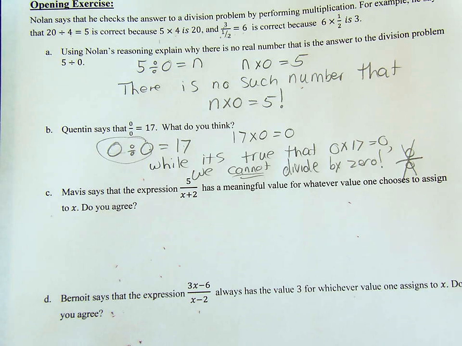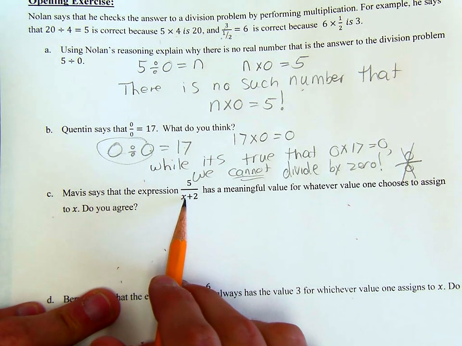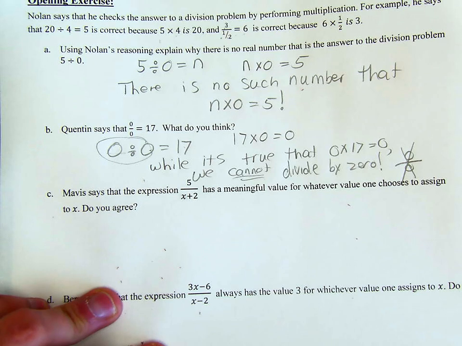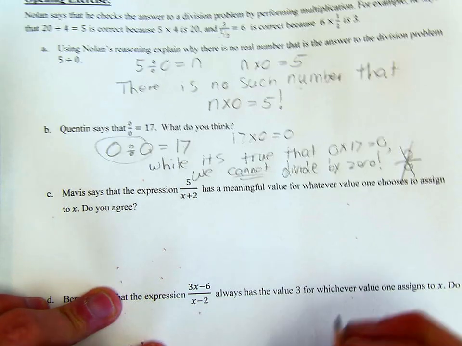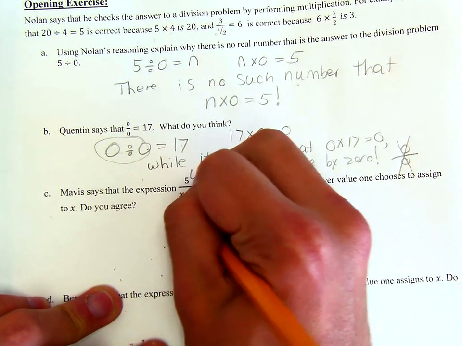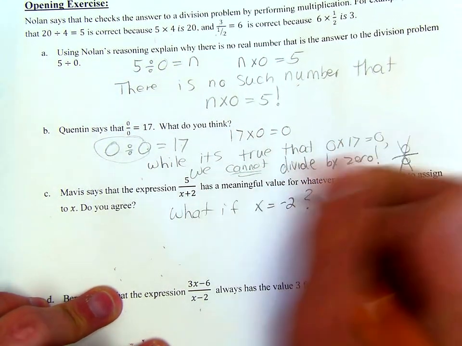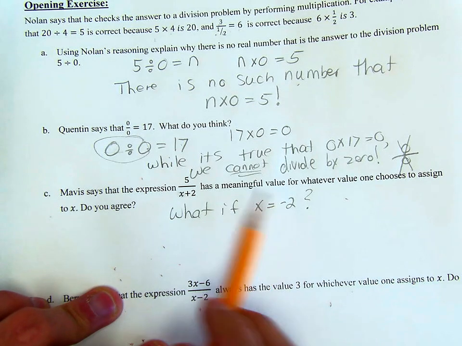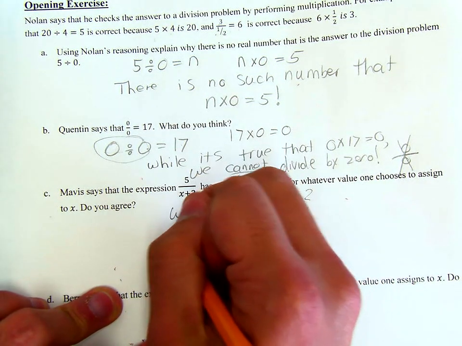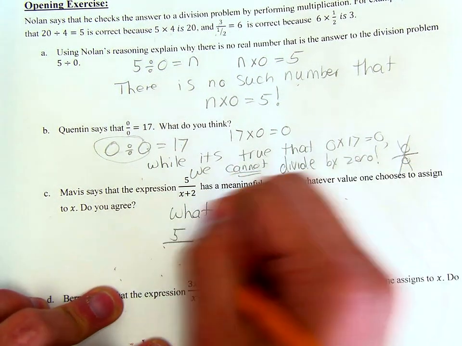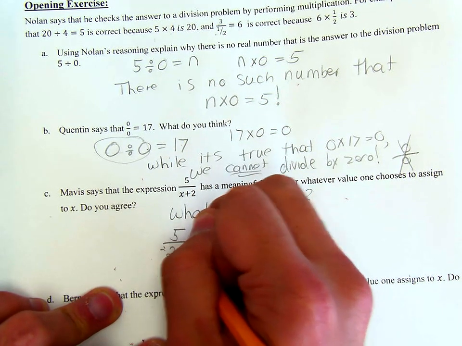So if we look at this, what if we had a value of x is equal to negative 2? Let's look and see what would happen. Because if we look at this at negative 2, if we would substitute it in, we would have 5 divided by negative 2 plus 2. So we'd have 5 over 0. And we can't have 5 over 0.